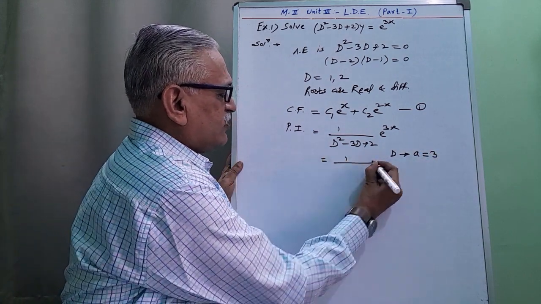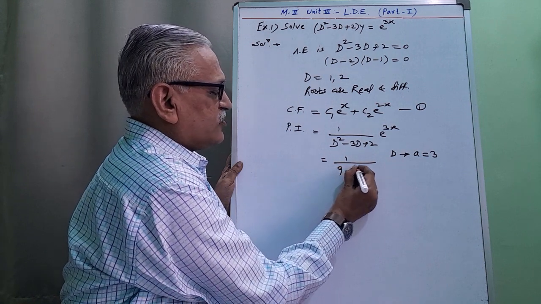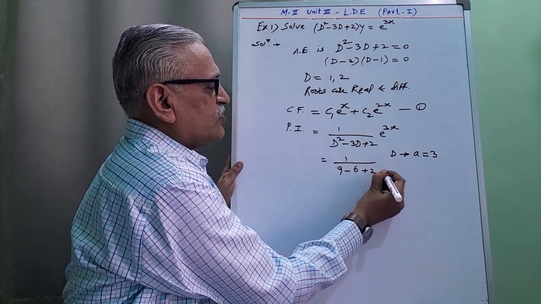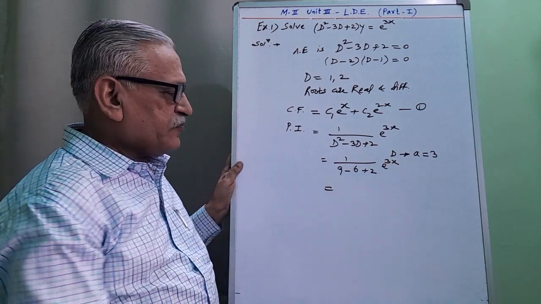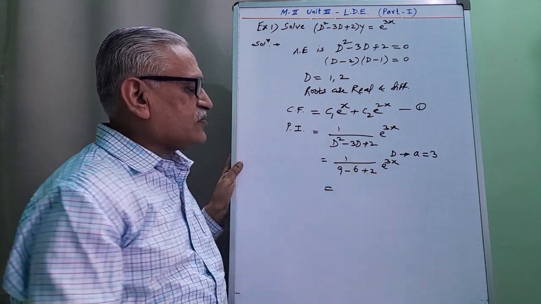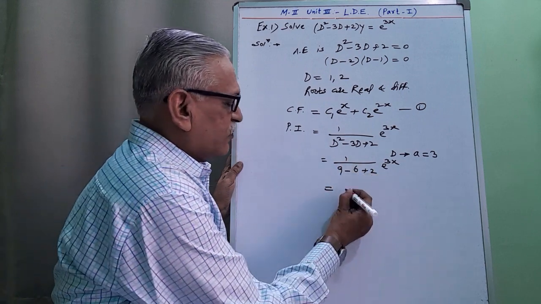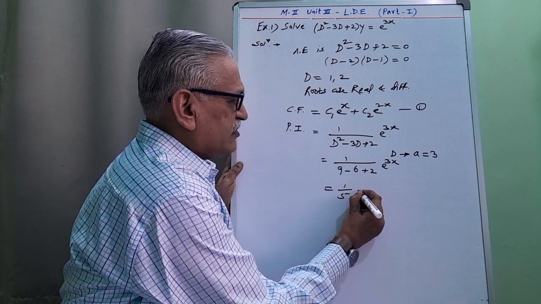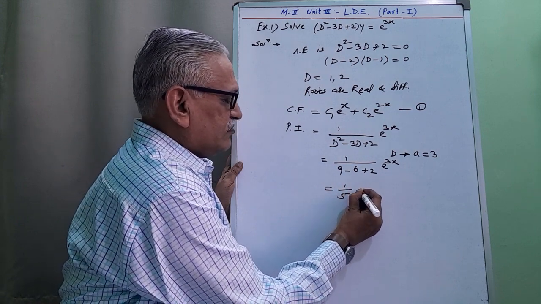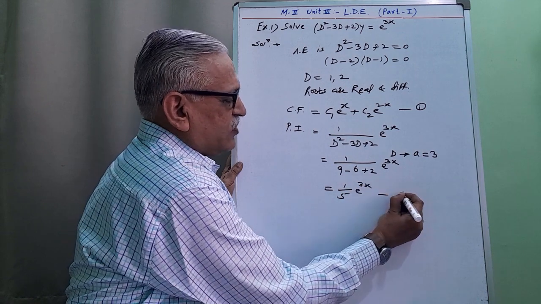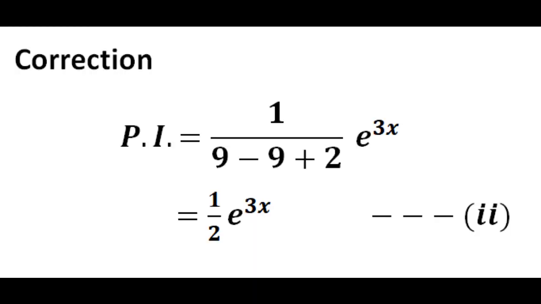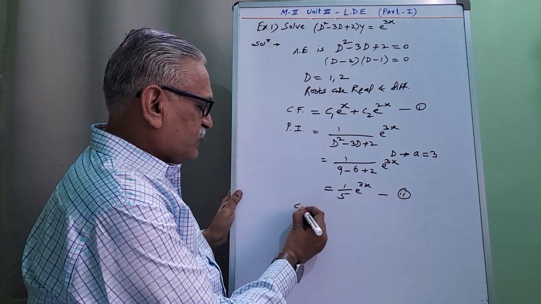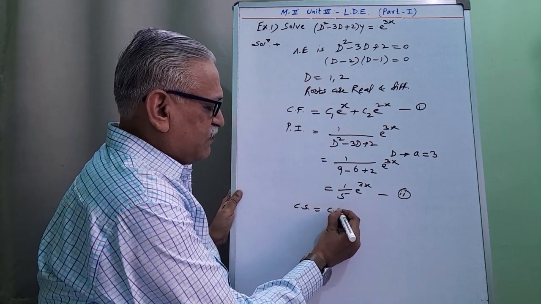We get 1 upon 3² = 9, 3 twos are 6, and plus 2, into e^(3x). Therefore 9 plus 2 is 11, 11 minus 6, we get 1 by 5 into e^(3x), and we call this equation 2, that is PI. Then the complete solution is given by CF plus PI.